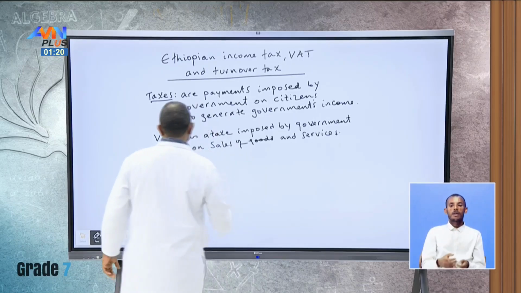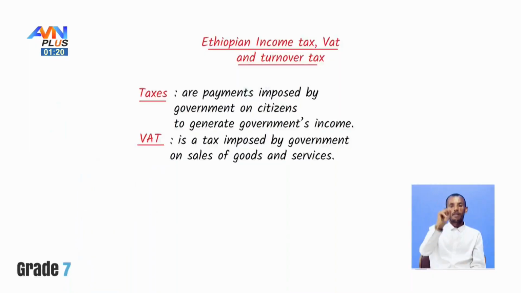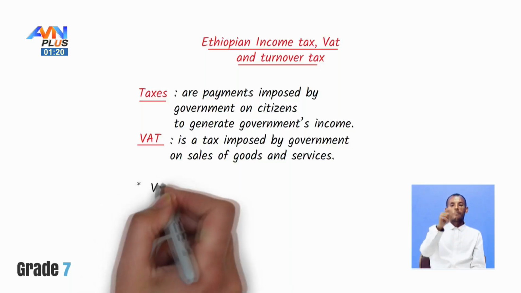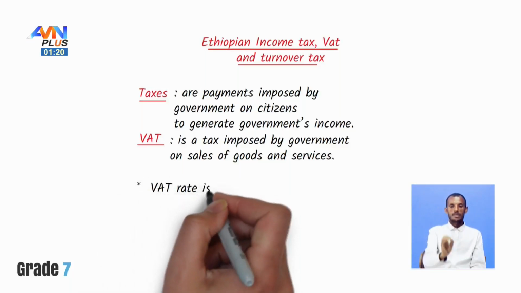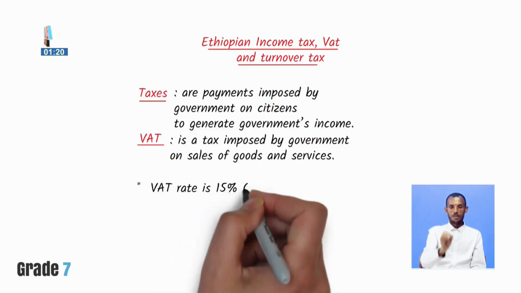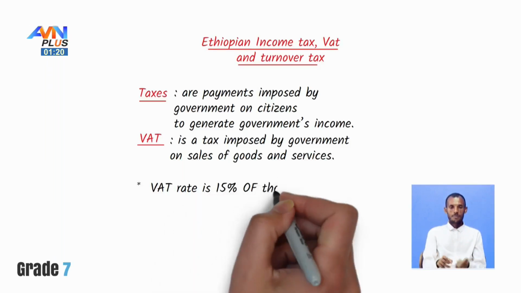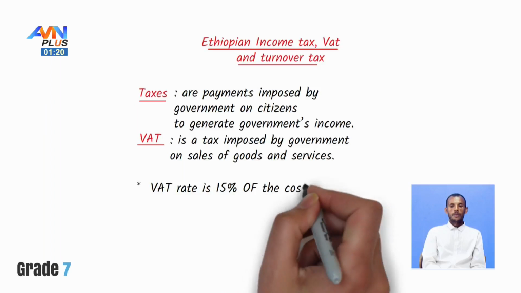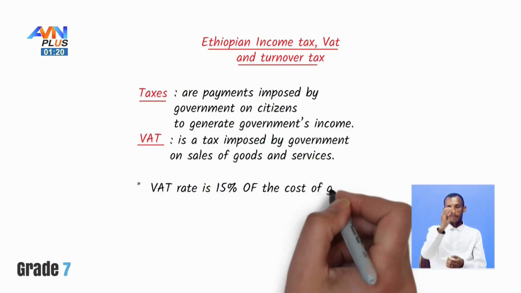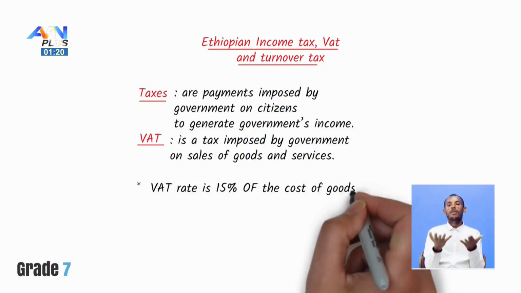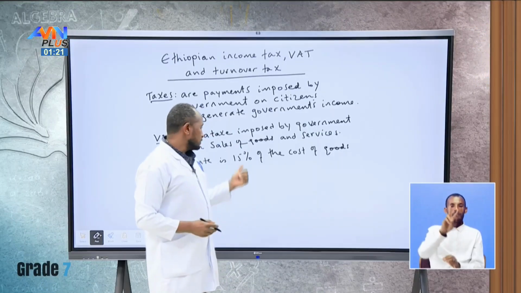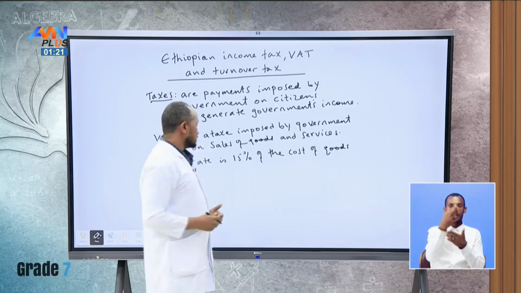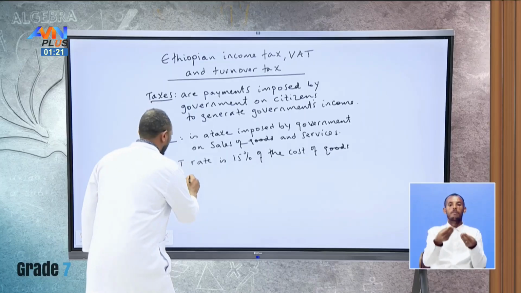Therefore, according to Ethiopia, the VAT rate is 15% of the cost, the cost of the goods. To calculate VAT, we use this rate, and it is given by this equation.